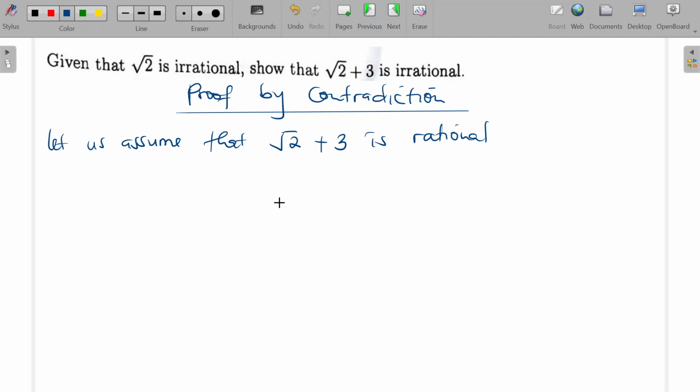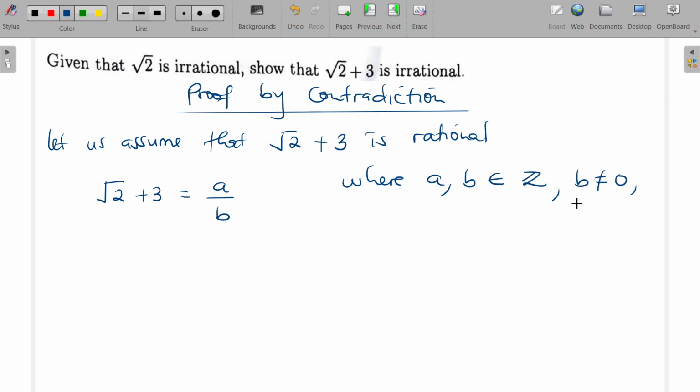So this is just telling us that the square root of 2 plus 3 can be written as a over b, where a and b must be members of the integers, b in the denominator must not be equal to 0, and a and b must have no common factors.